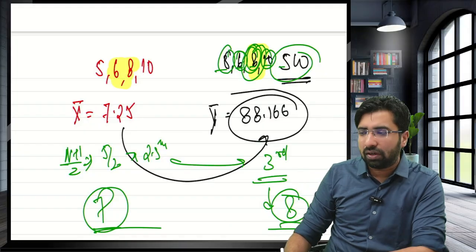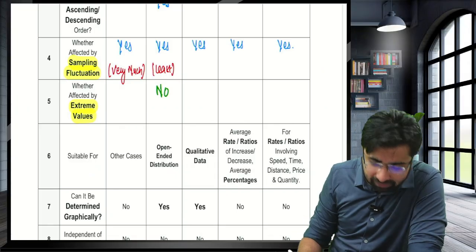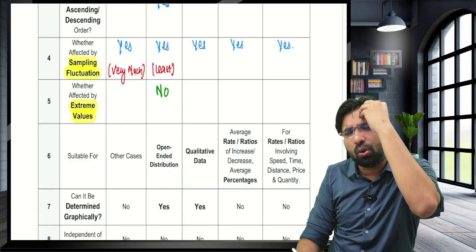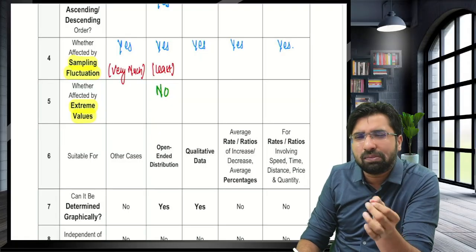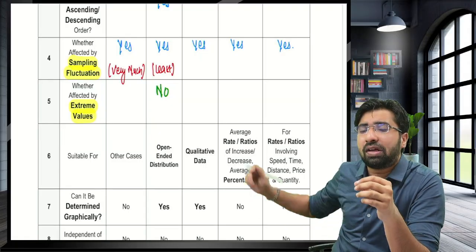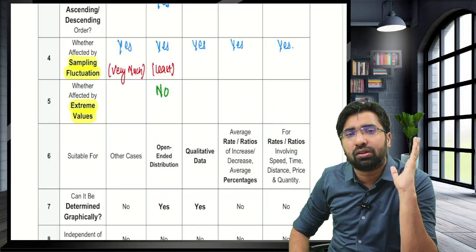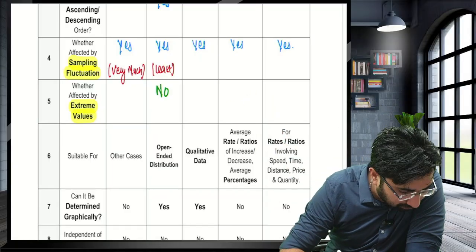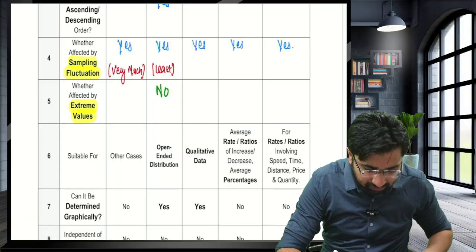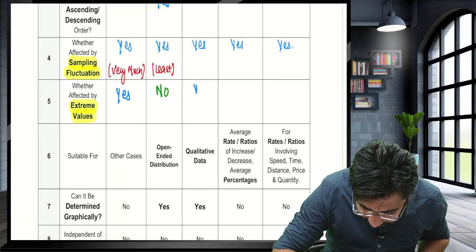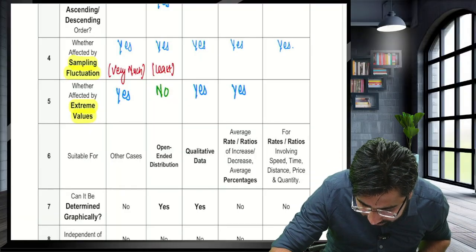So, guys, that's why in the case of median, we say the difference is so minimum, only in decimals or points. We say the extreme values have no effect. Theoretically, we say, guys, extreme values have no effect on the median. Guys, rest everything will be affected. So I will say, guys, yes, yes, yes, and yes.